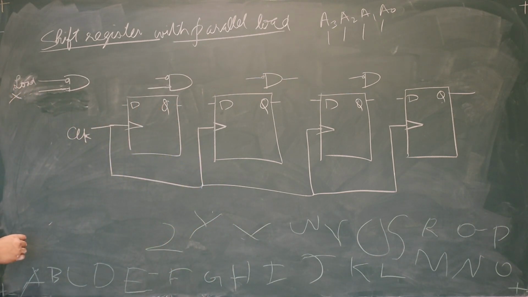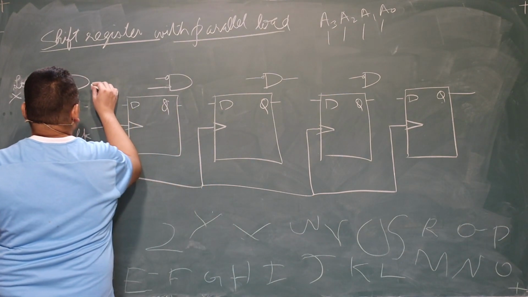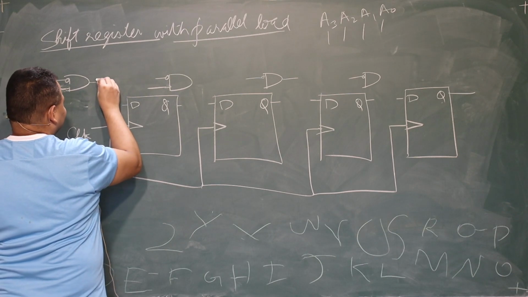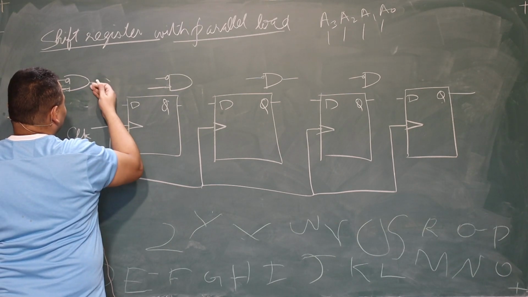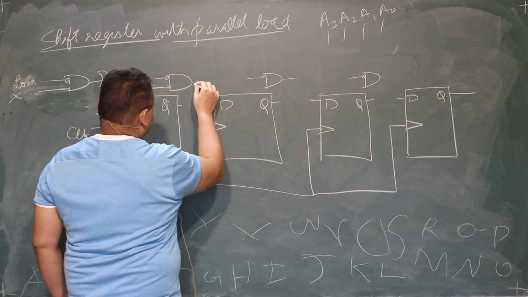So when load is equal to 0, the initial input to the shift register is X.